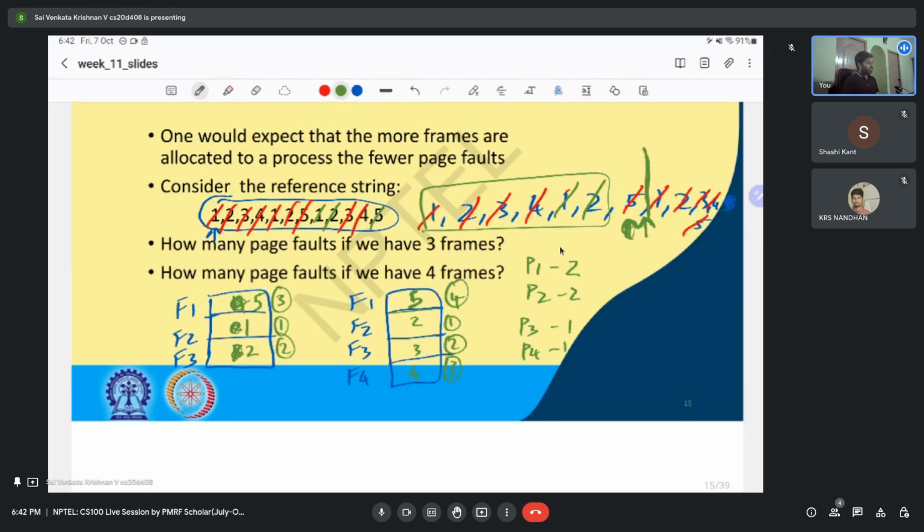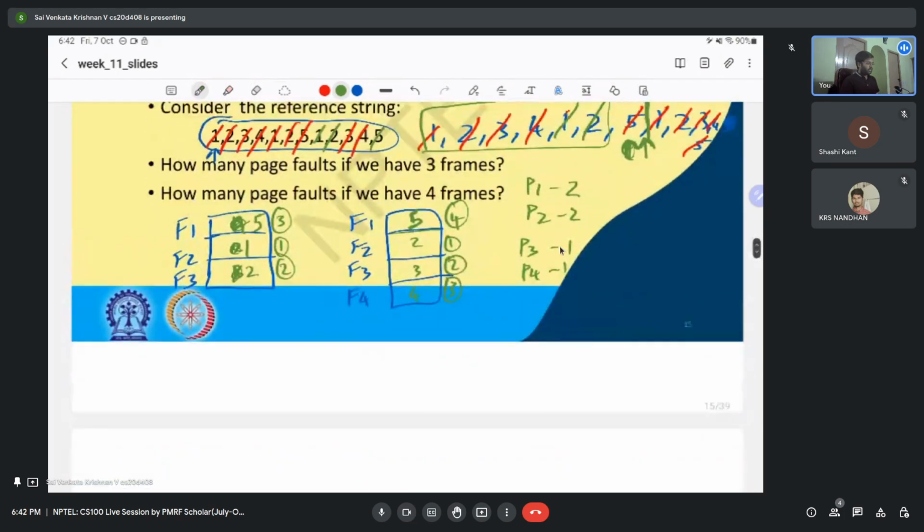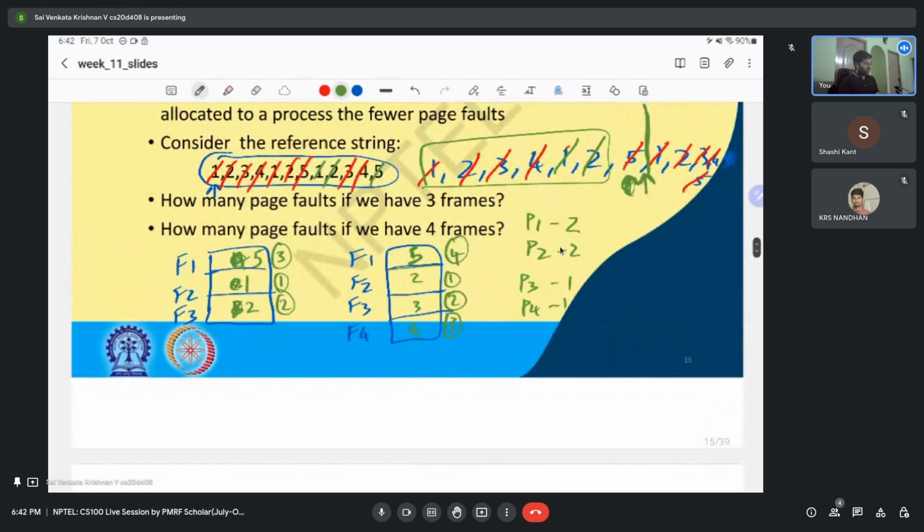So the intuition that increasing the number of frames allocated to your process will decrease your page fault count is correct only when you are able to maintain your increased active working set in memory. This is for FIFO.